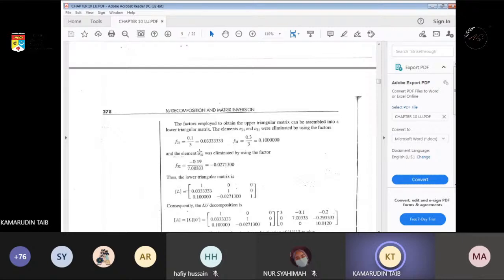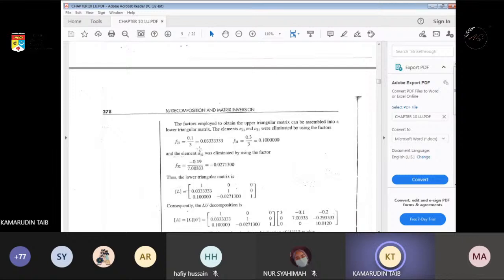The prime there indicates the second step obtained in the process of doing the calculation.